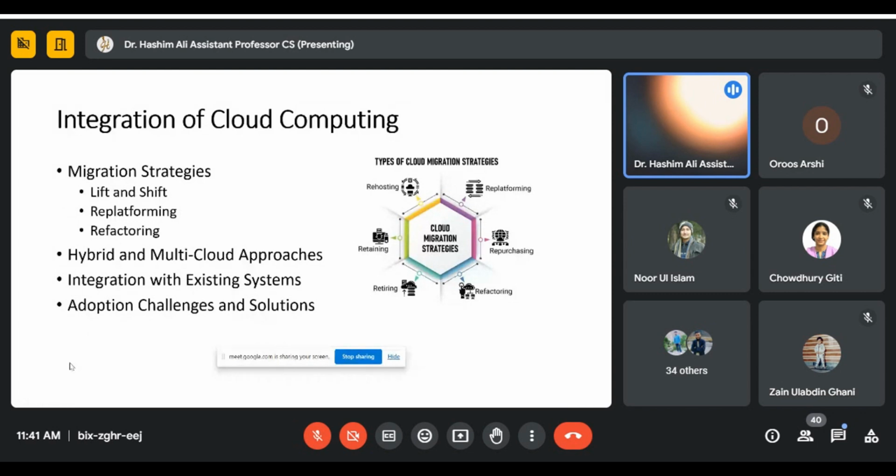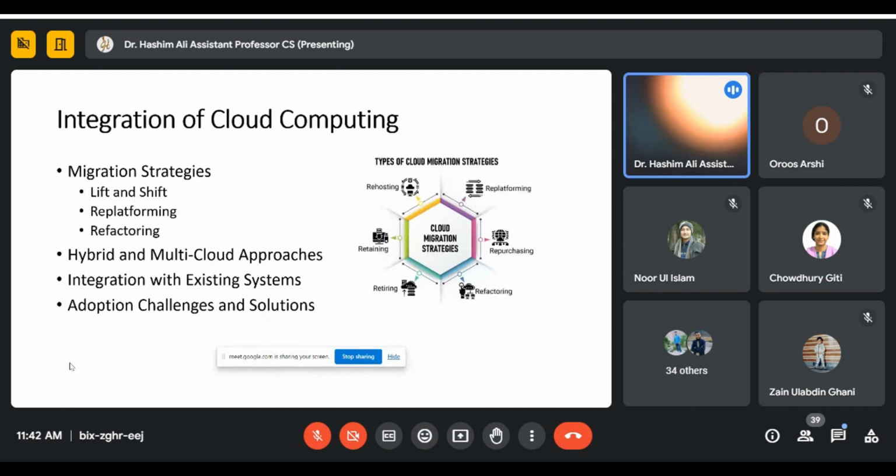Then we have the integration with the existing system. We integrate cloud computing with the existing system, and then the adaptation challenges and solutions. So either we will be going for replatforming or refactoring, or we will be retaining some applications, or we will be suspending some applications, that is retiring, or we can shift one host to another host, which is the rehosting technique.